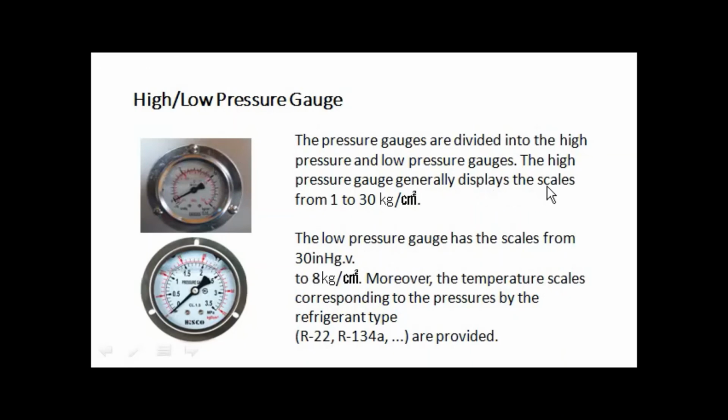The high pressure gauge generally displays the scale from 1 to 30 kg per centimeter square. The low pressure gauge has the scale from 30 inch Hg vacuum to 2 kg per centimeter square.